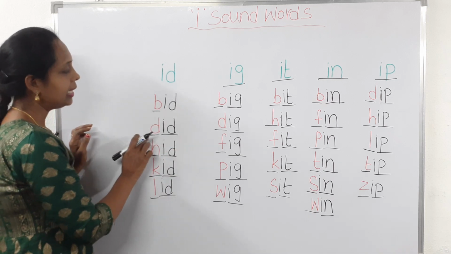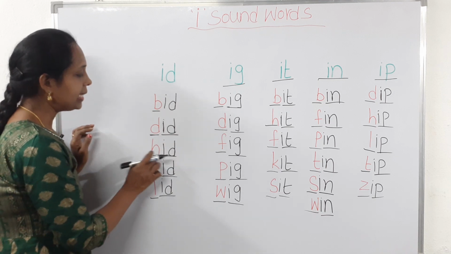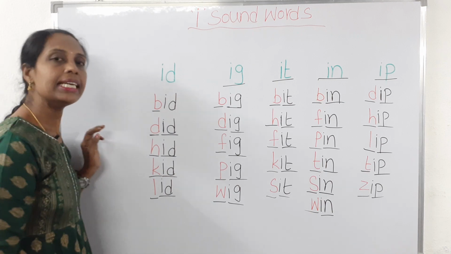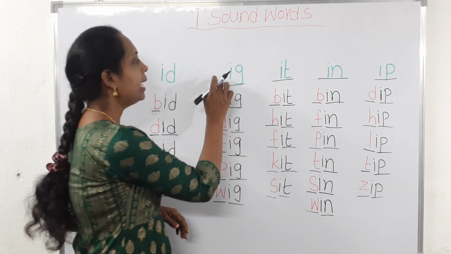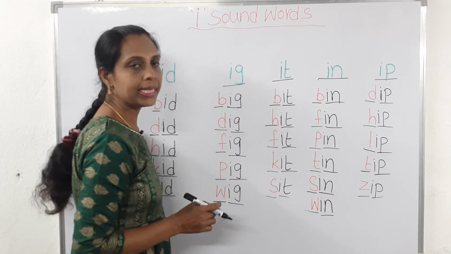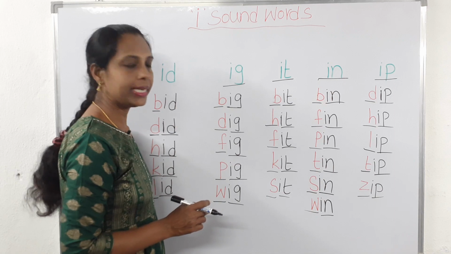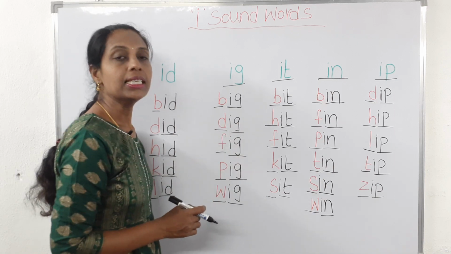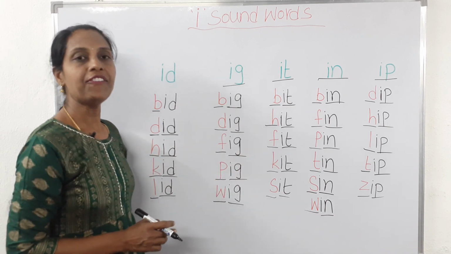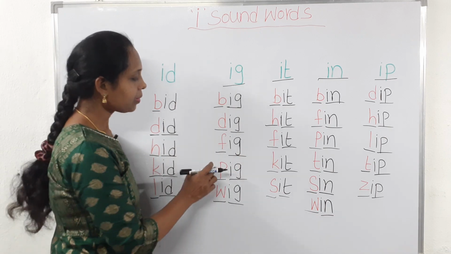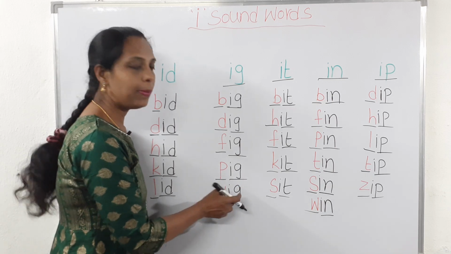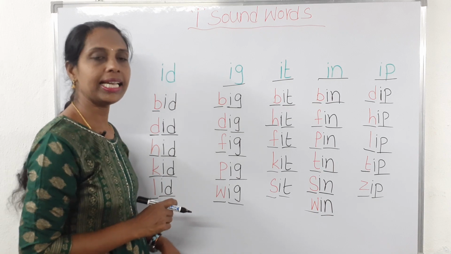Next, IG words. B, ig, big; d, ig, dig; f, ig, fig; p, ig, pig; w, ig, wig.